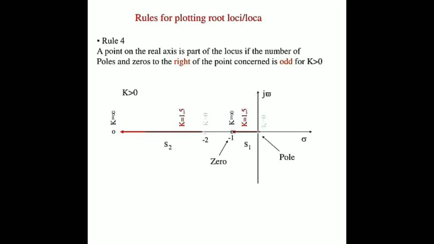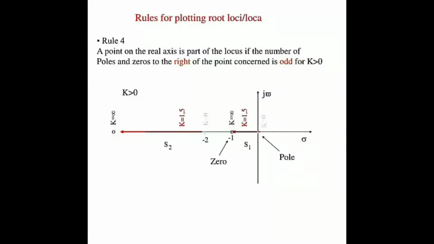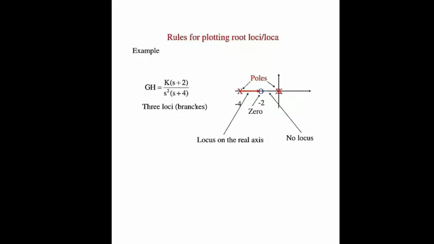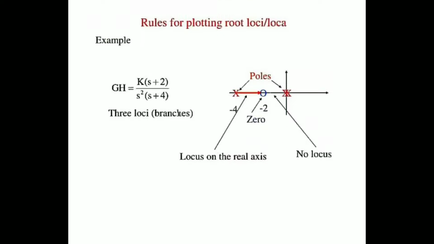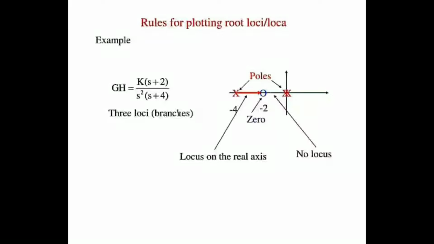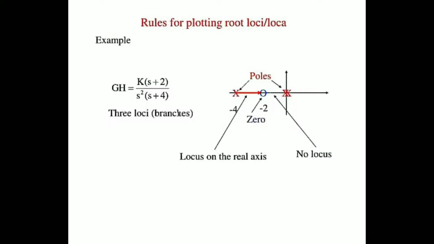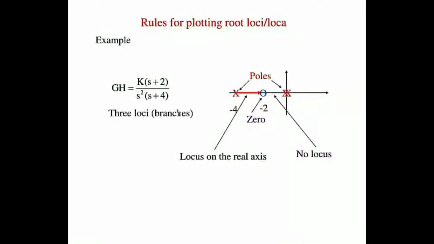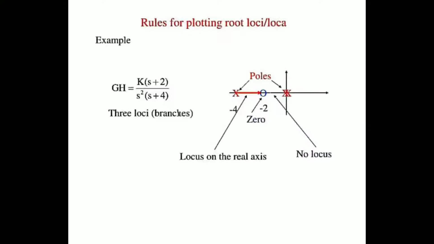Next rule is very important: on the pole zero plot, finding the existence of the root locus on the real axis, where the root locus is actually present. What is the part of root locus and what is not a part of root locus. So there are various segments.